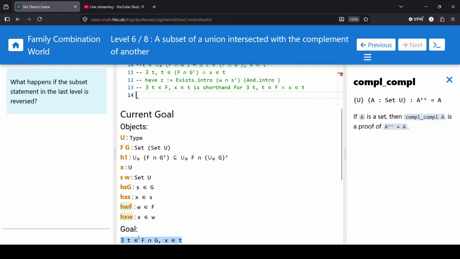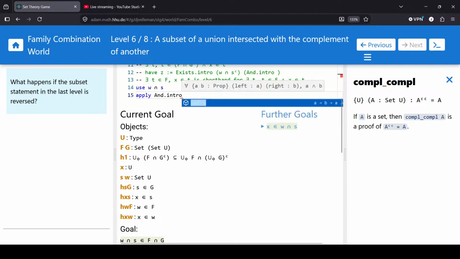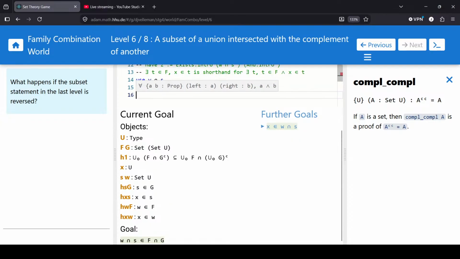But in that case, then I need to do a use. Right?